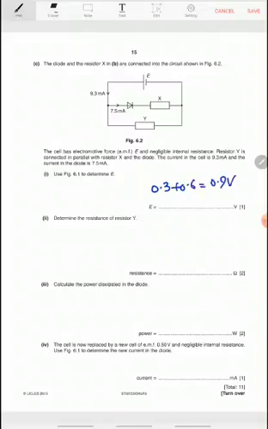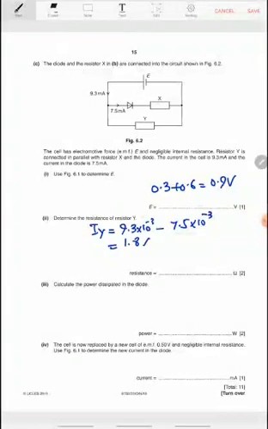Now he's saying determine the resistance of resistor Y. I can say the current through Y can be calculated as 9.3 times 10 to the power minus 3 minus 7.5 times 10 to the power minus 3. It gives me 1.8 times 10 to the power minus 3 amps. So I_Y is 1.8 milliamps.